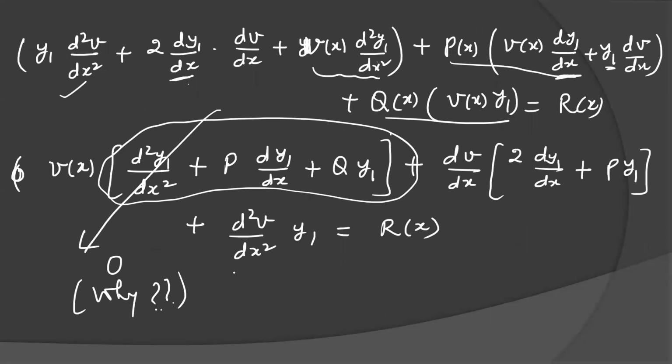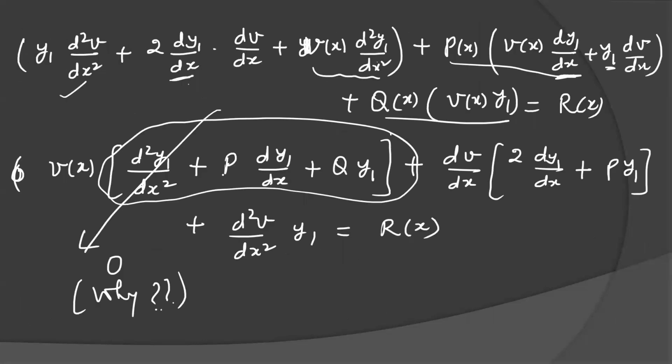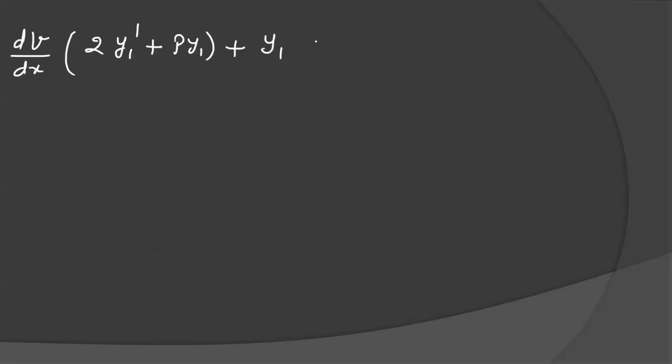So now it will look like actually dv by dx, I am representing here dv by dx, 2 dy1 by dx. I am writing y1 dash plus py1 plus y1 d2v by dx2 equal to rx.